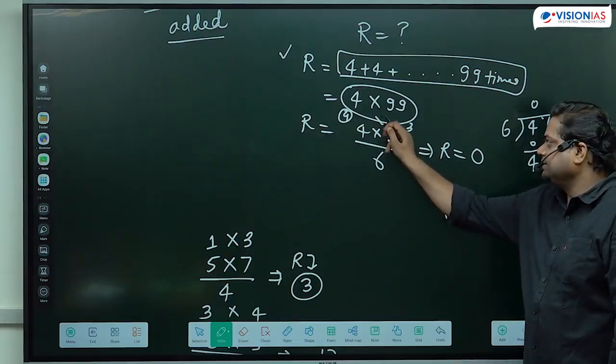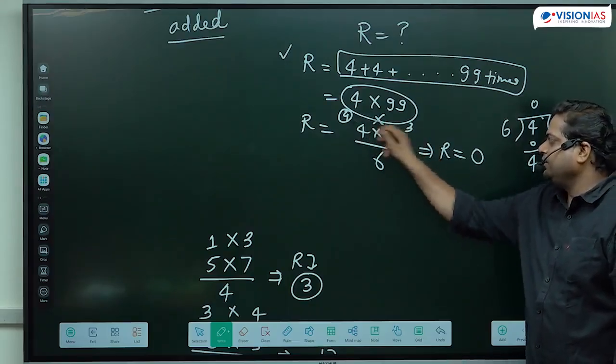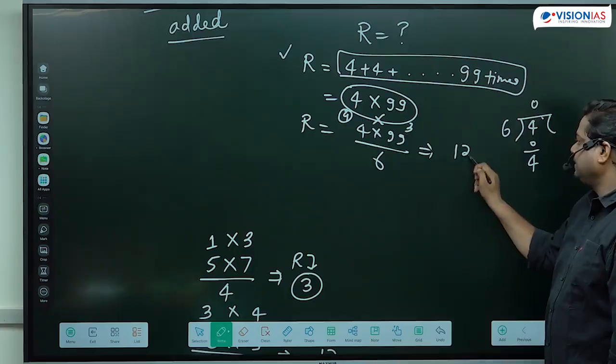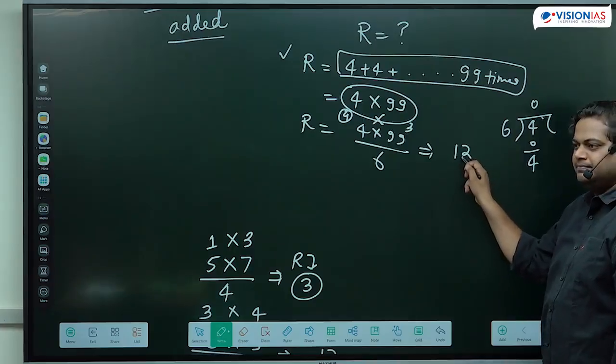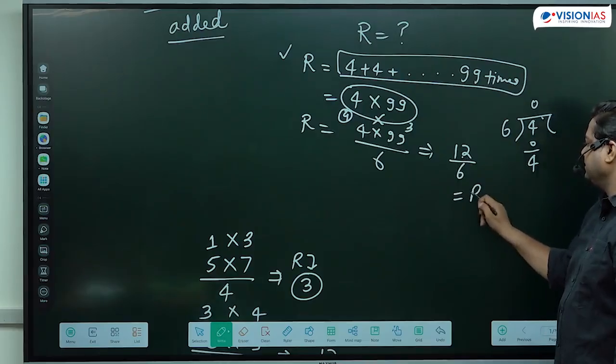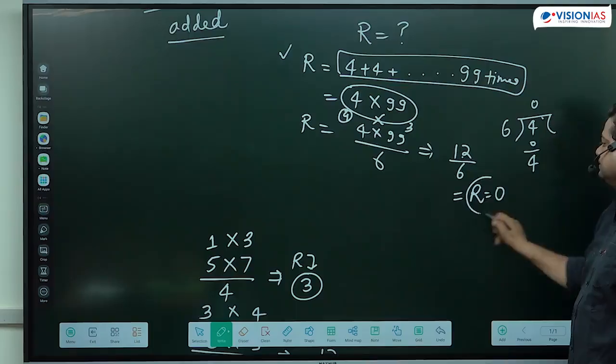This is multiplication. So final remainder will be 4 into 3, 12. But 12 is again more than 6. 6 से divide करा, we are getting remainder 0.